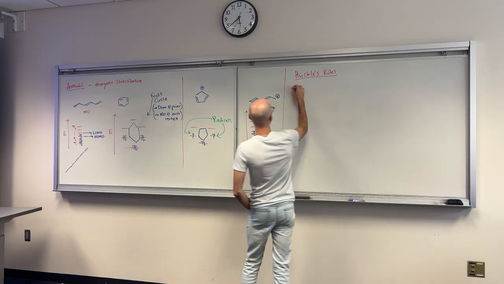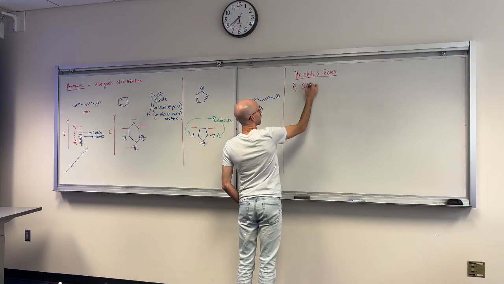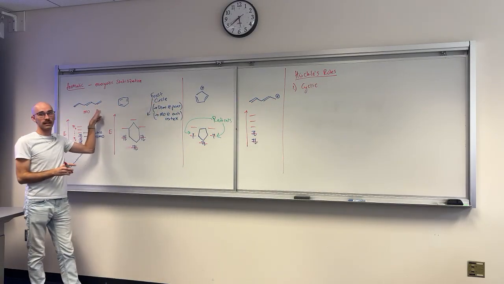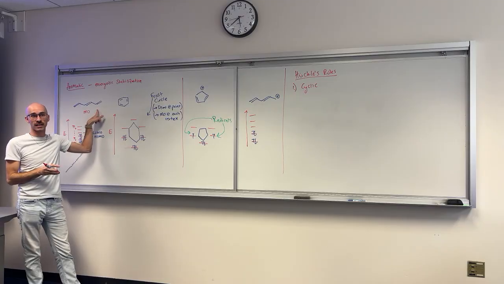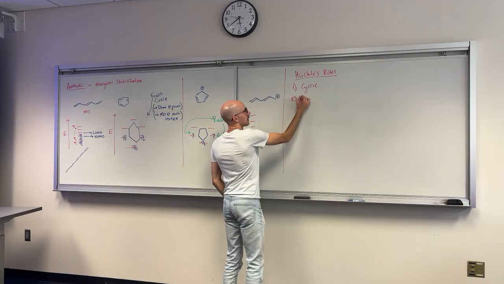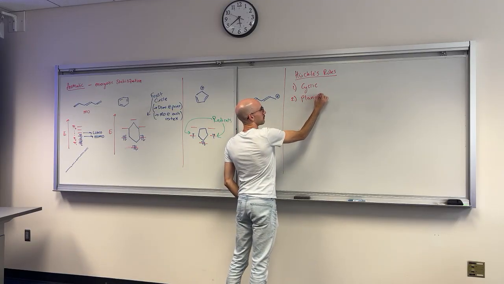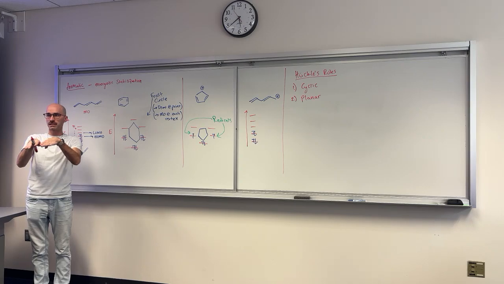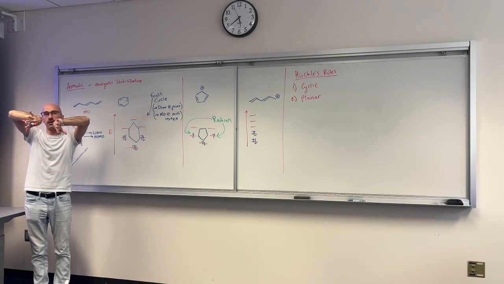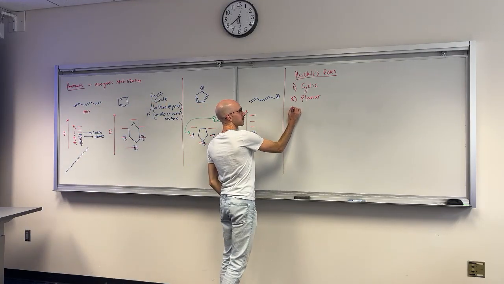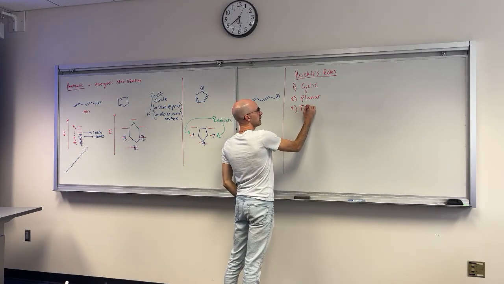This structure must first be cyclic. If it is not cyclic, it cannot experience this energetic stabilization. It must be planar. That is to say that if the structure is large enough to bow out of a plane, then this rule is broken. And the last one, it must be fully conjugated.